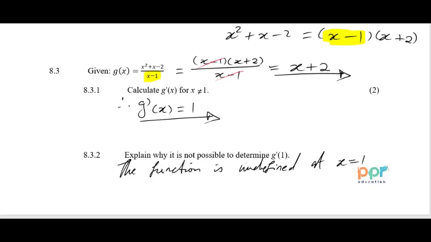And again, the denominator cannot be 0. So you can state any of these reasons: if x equals 1, that's 1 minus 1, so the denominator is 0, and that would be undefined. You can state any of the reasons that I've said so far.